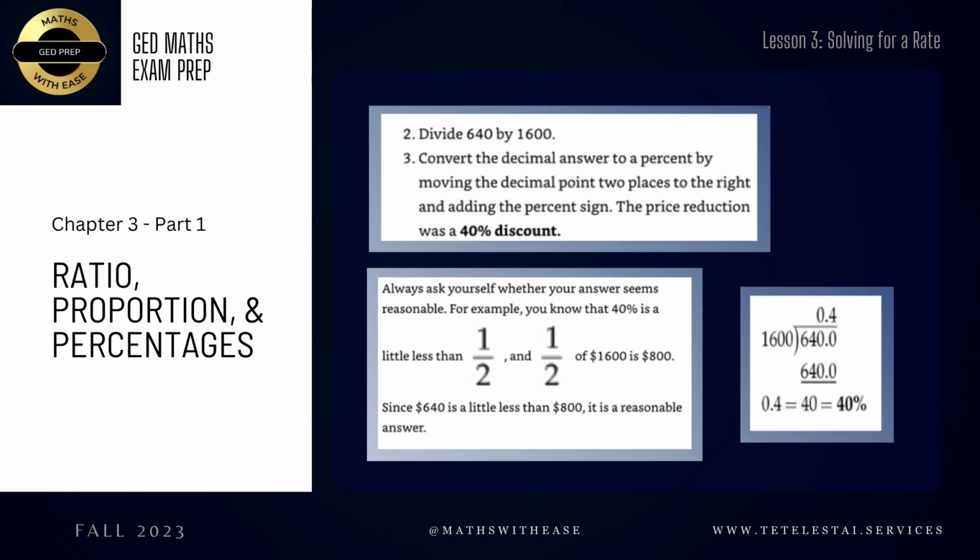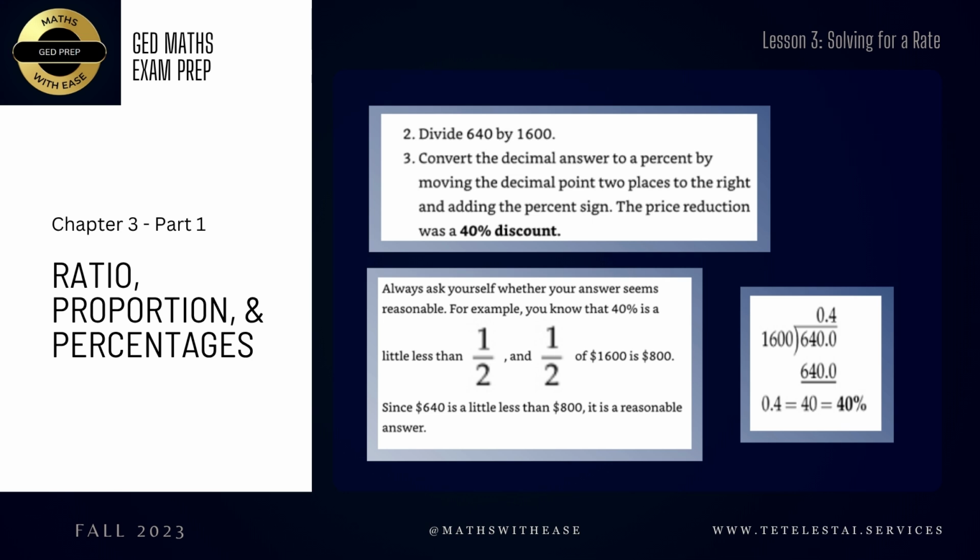Which makes sense, because if the price of whatever the manager is selling is discounted by 40%, it means that 640 is coming out of that total quantity, right? And so they should be the same. That makes sense logically. Both sides of that equal sign should be the same, okay?